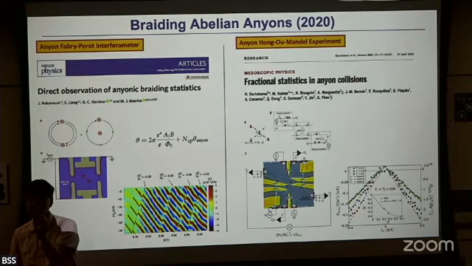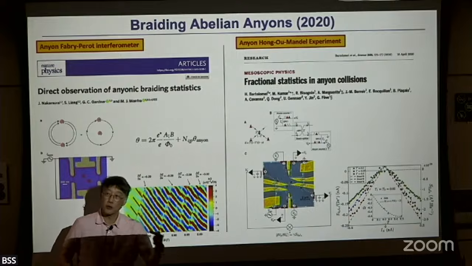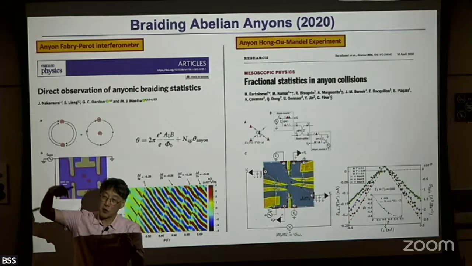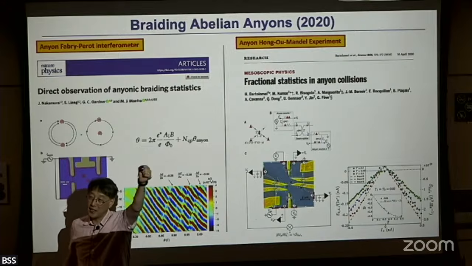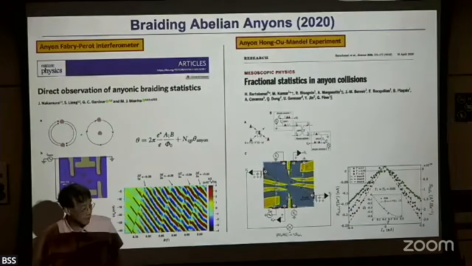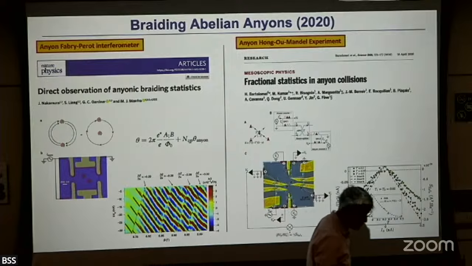With this quantum point contact, you can send one quasi-particle and another quasi-particle at it. They scatter off and propagate in other directions, right? This is often called the anyon colliding experiment.